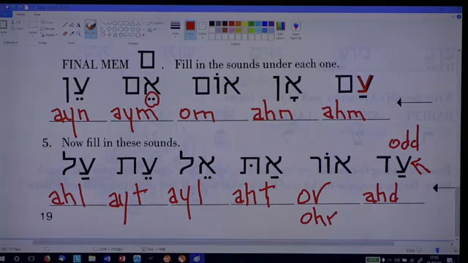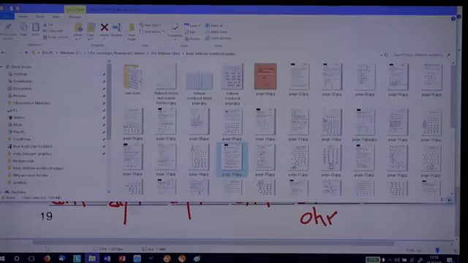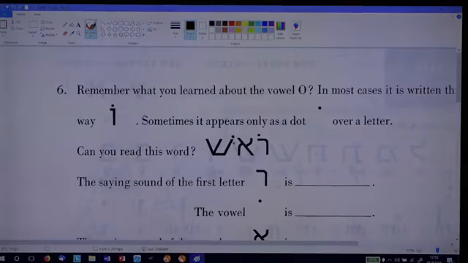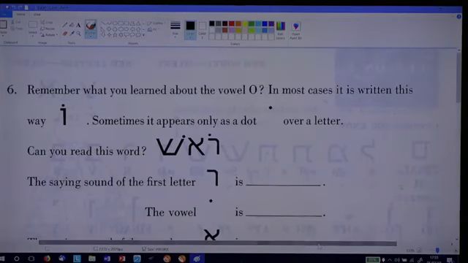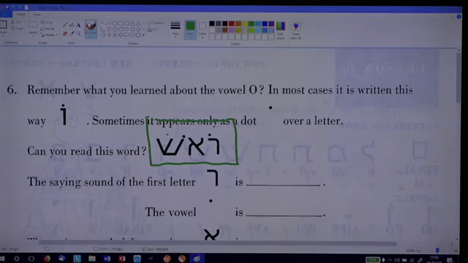So if we went to page 20, and we got to line 6, or exercise 6, we would see this word right here. Now, you remember last week we talked about that vowel right there.